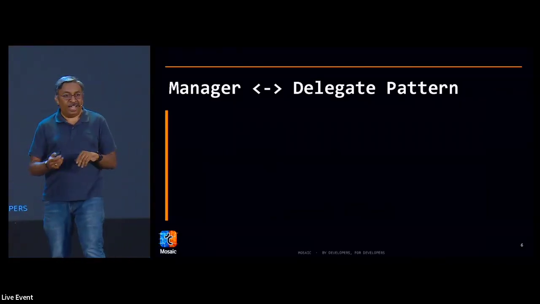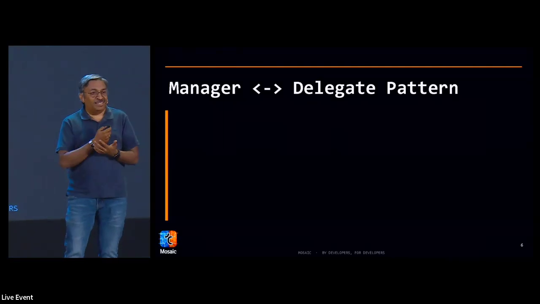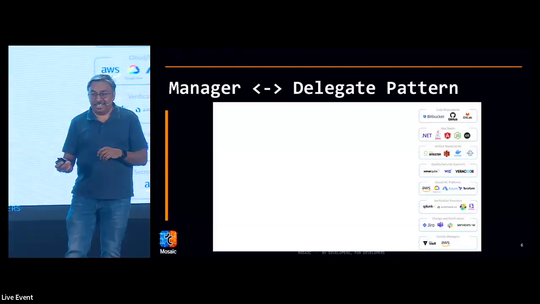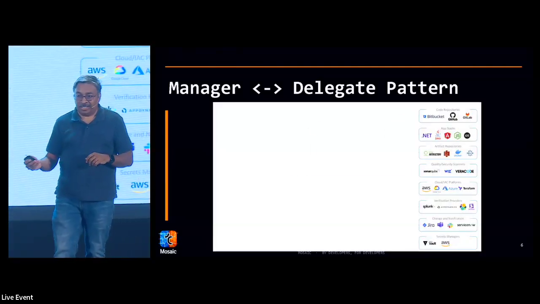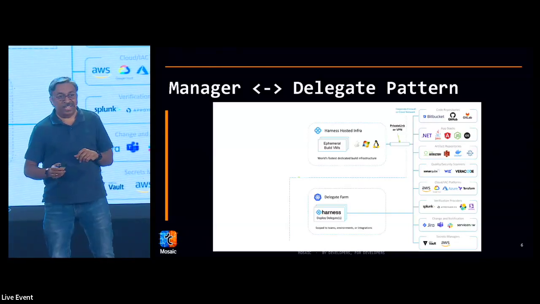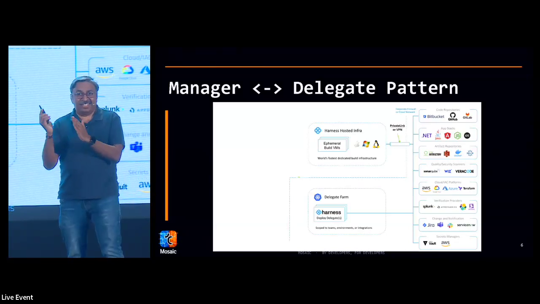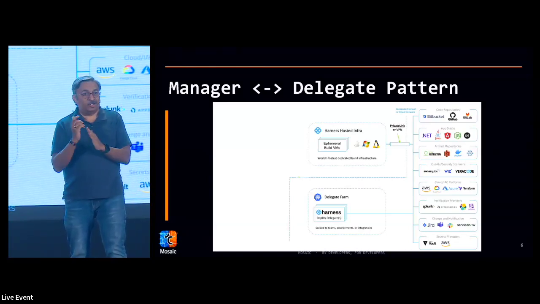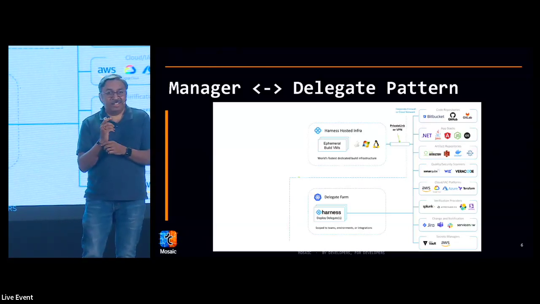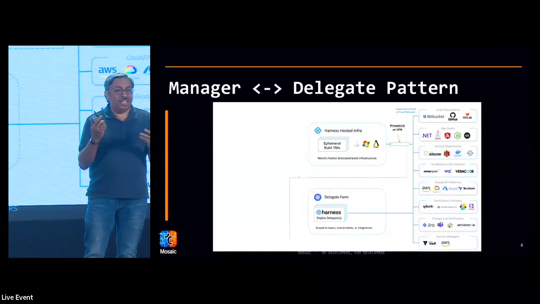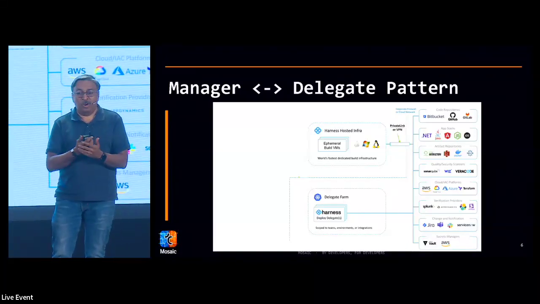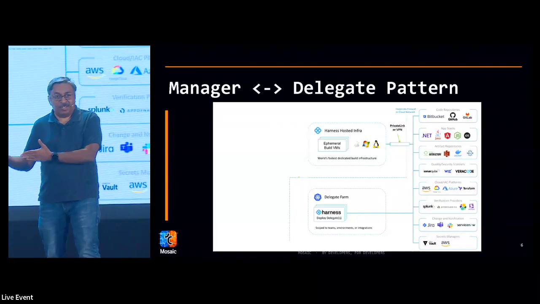Now let's look at how, as the company grew, it got a little more interesting. So let's look at another part of software delivery, continuous integration. Continuous integration is something that you want to build, but you don't always want to spend your customers' infrastructure for that.